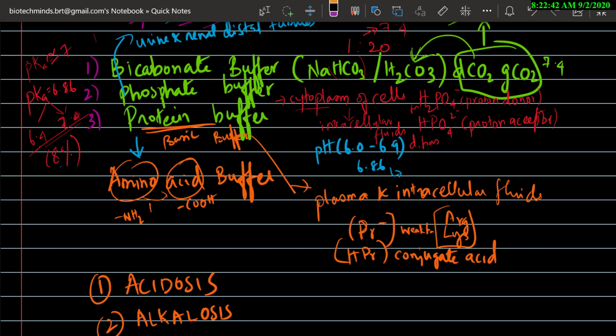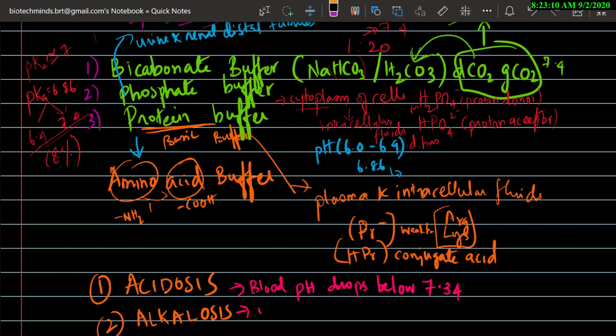In terms of blood buffering action, in acidosis the pH of the blood drops below 7.34, and this results in acidosis.